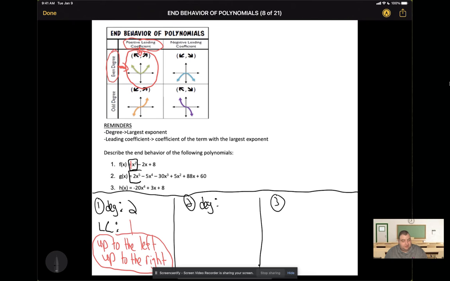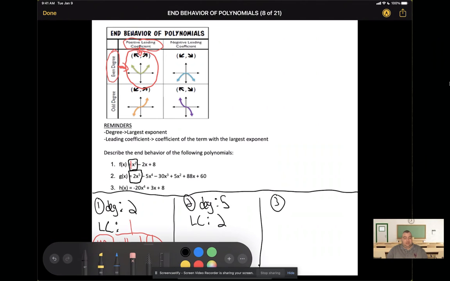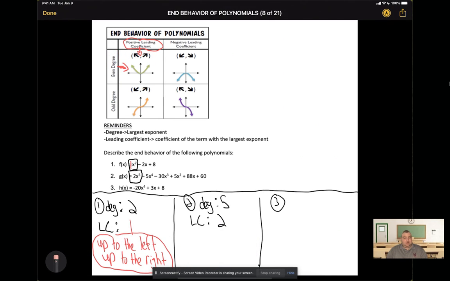My largest exponent is going to be 5, x to the fifth. And then the leading coefficient is going to be the coefficient of that term. So it's 2x to the fifth, so the leading coefficient is 2. So I have a degree of 5 and a leading coefficient of 2.